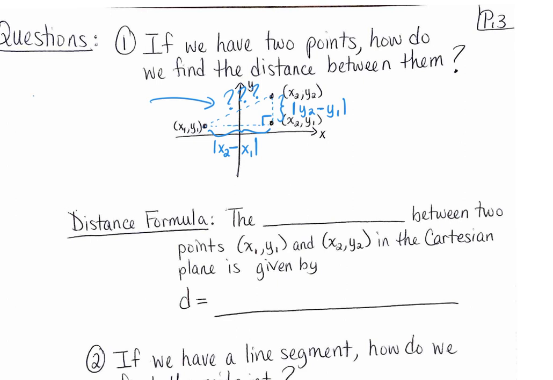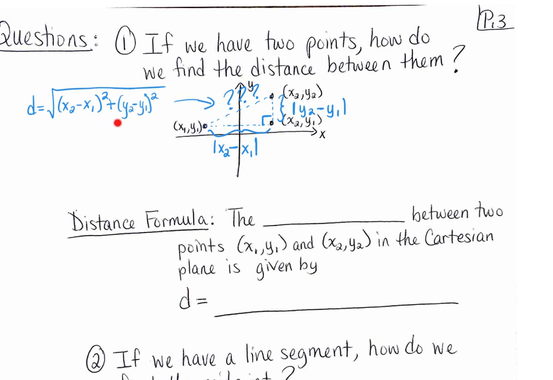We get D is equal to the square root of x2 minus x1, that quantity squared, plus the quantity y2 minus y1 squared. And it's okay for us to drop the absolute values there because we're squaring it. So that's distance.